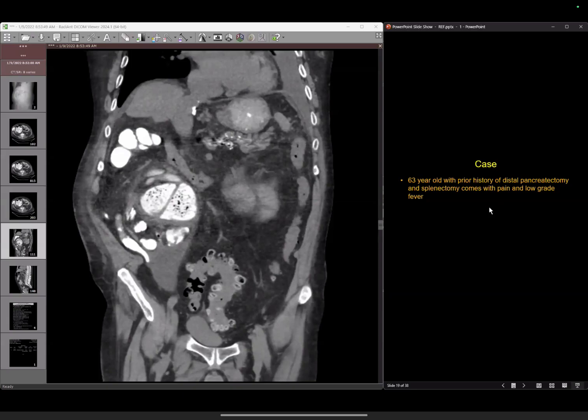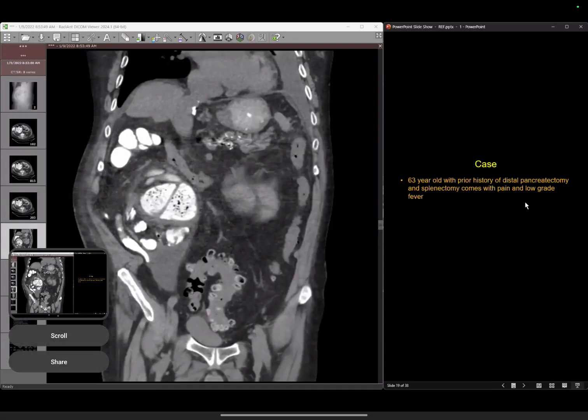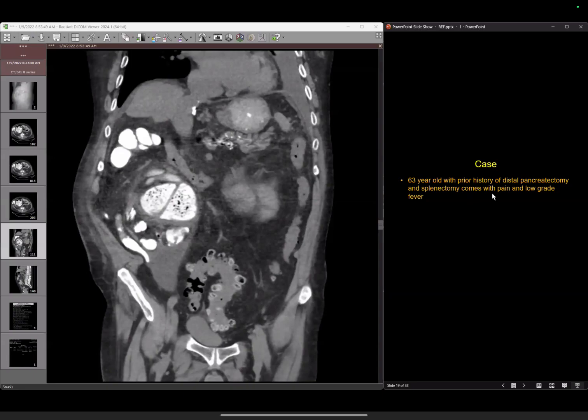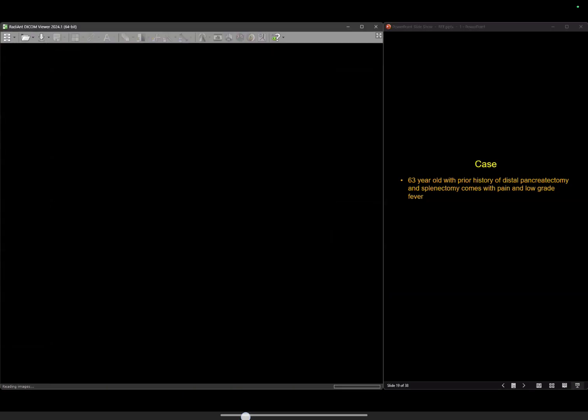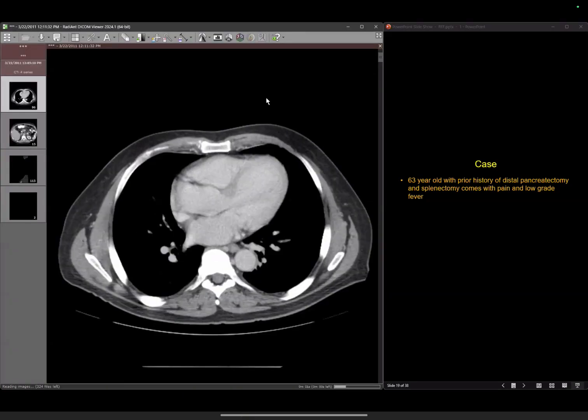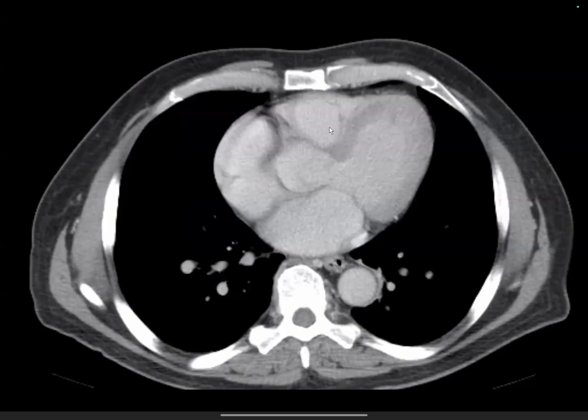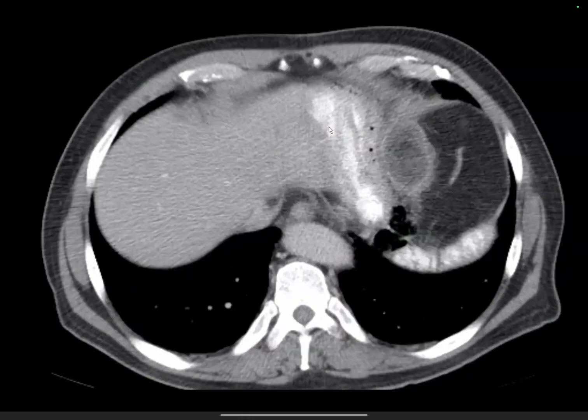This is a 63-year-old with a prior history of distal pancreatectomy and splenectomy, comes with pain and low-grade fever. So let me just bring up the CT. And again, I'm going to scroll through, and then you can slowly.